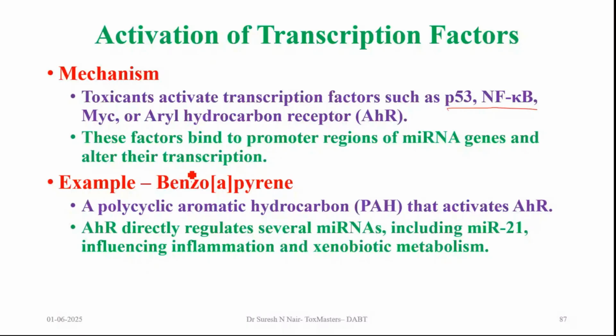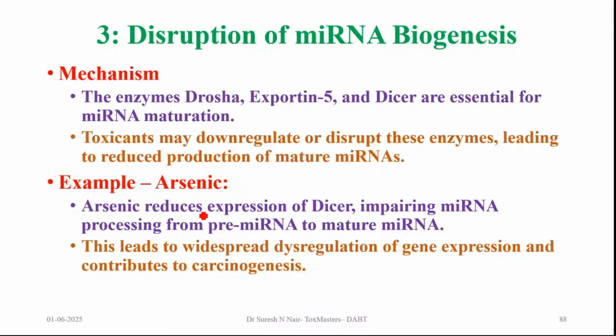Then, disruption of the miRNA biogenesis. We have already seen the role of DROSHA, exportin 5, and dicer in the formation of microRNA. So there are certain carcinogens which are capable of inhibiting or degrading the already formed proteins like DROSHA, dicer, and exportin, or they will downregulate the transcription of these enzymes. So what will happen?